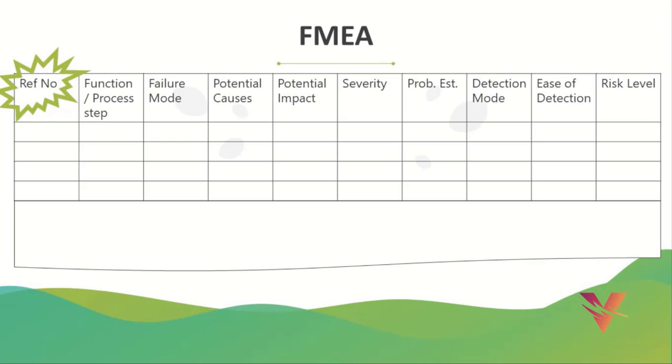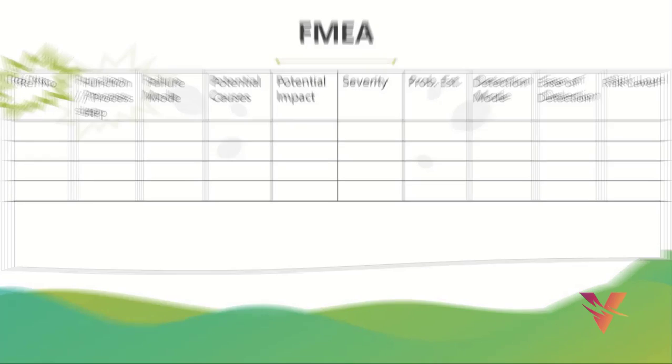So first, each part of the process needs a unique reference number or reference ID, and often FMEA uses a similar numbering approach to that we use when we create a project work breakdown structure.